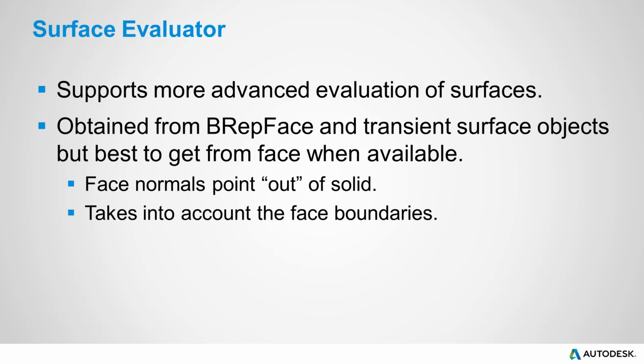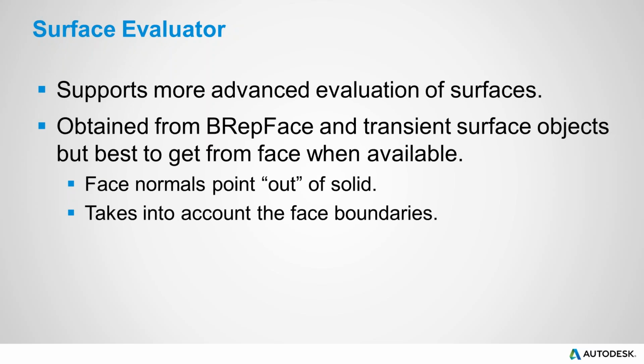Whereas if I got the face and then got the geometry from the face, it's going to return a cylinder because that face is cylindrical shaped. But now that's a full cylinder. It lost all the information about how the face had limited the shape of it, and it also lost the information from the solid.